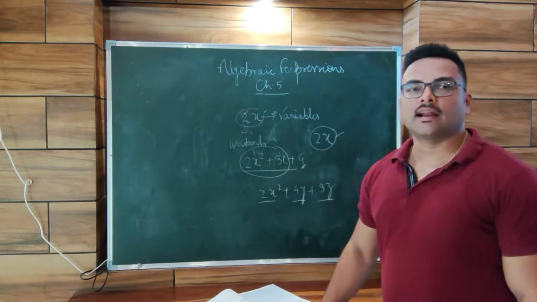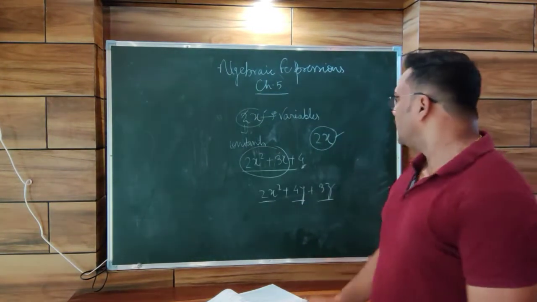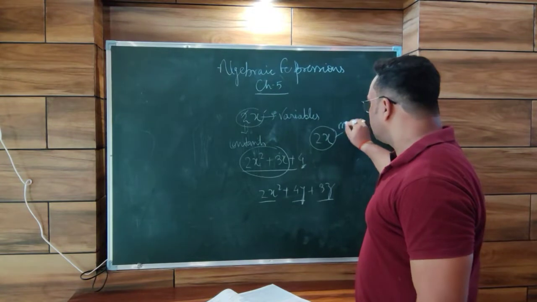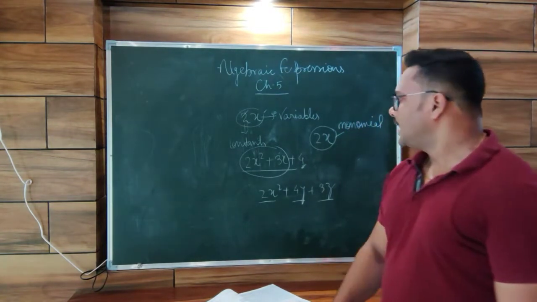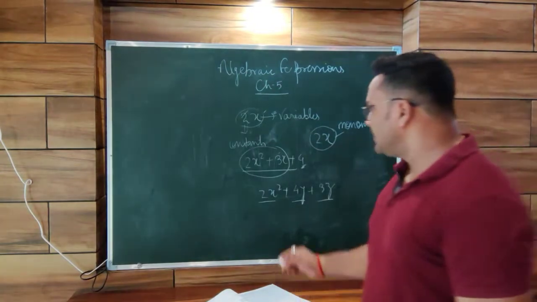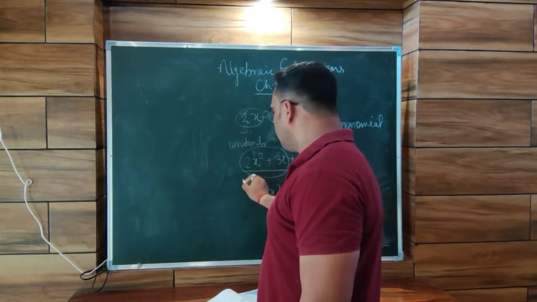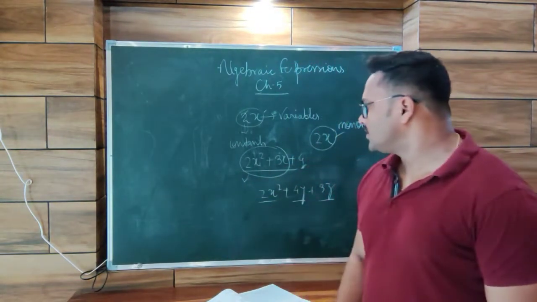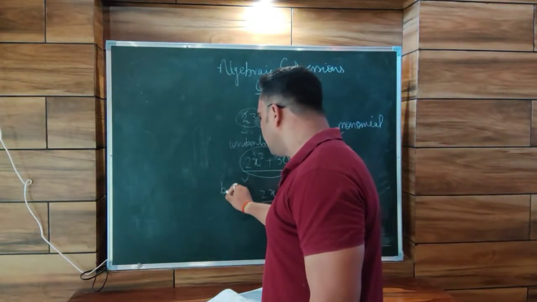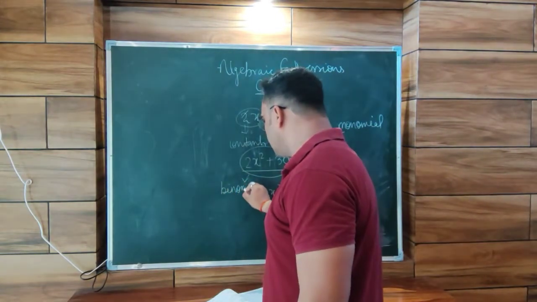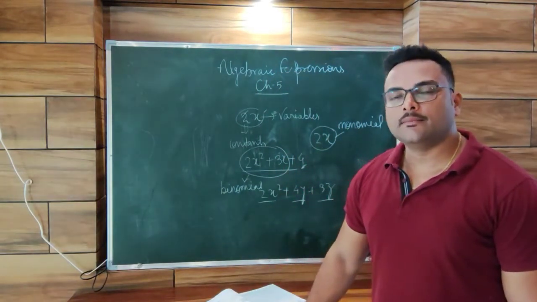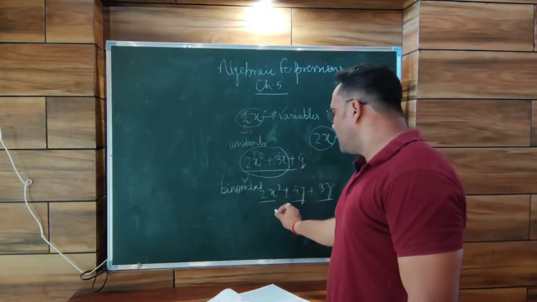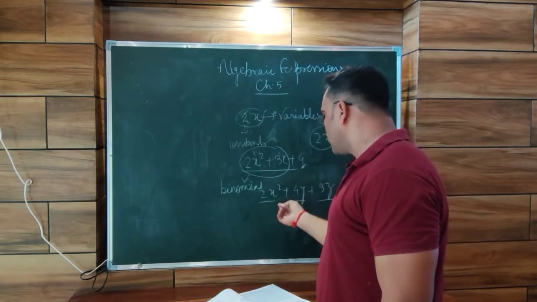Algebraic expressions containing only one term are called monomials. Algebraic expressions containing two terms are called binomials. And algebraic expressions containing more than two terms are polynomials, or trinomials you can also say.